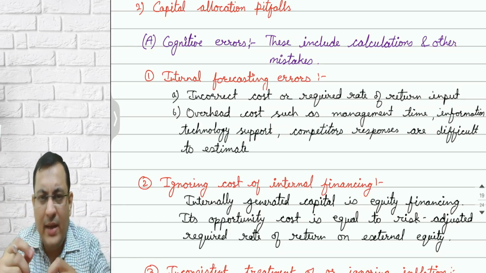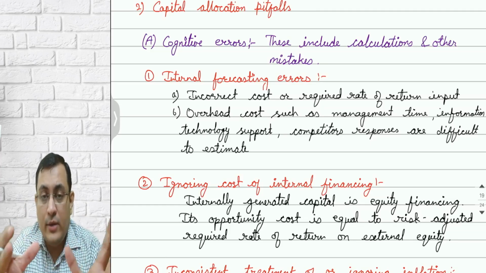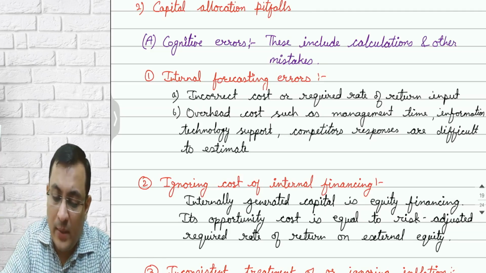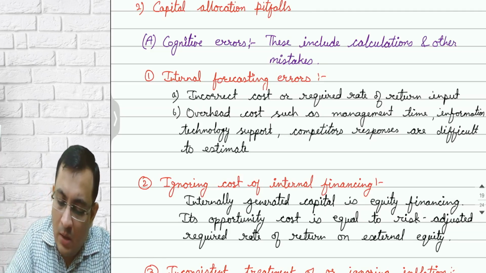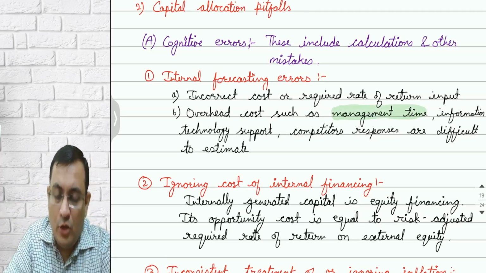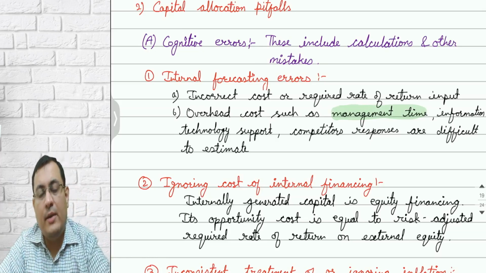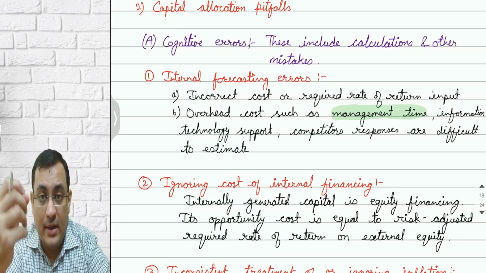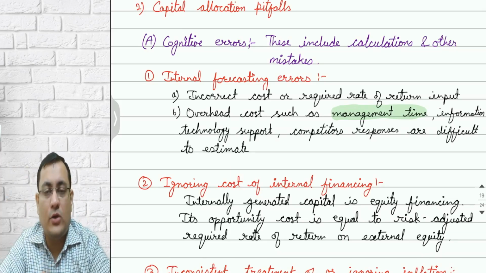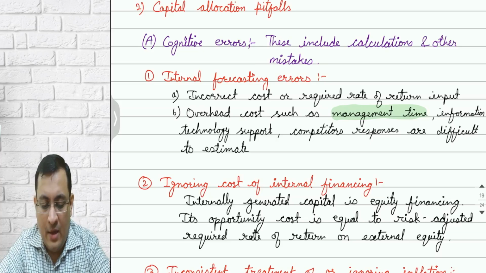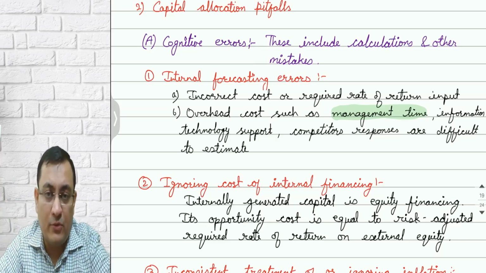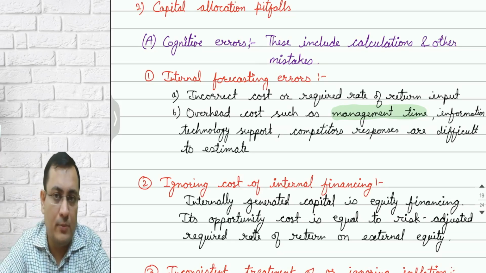Sometimes even while doing the analysis, a few costs are ignored, like management time. For a new project, management needs to devote time, and that time in itself creates a cost for the organization. The same goes for information technology support or infrastructure support from the existing organization for the new project.